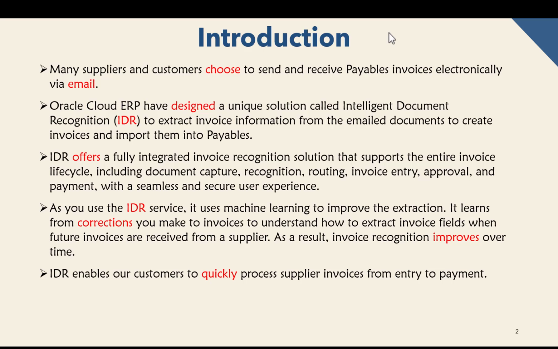In case anything is missing, it will be in incomplete status. Once you resolve the issues or complete all of the missing information, the status will change from incomplete to never validated, to validated, completing the cycle of the invoice in accounts payable.